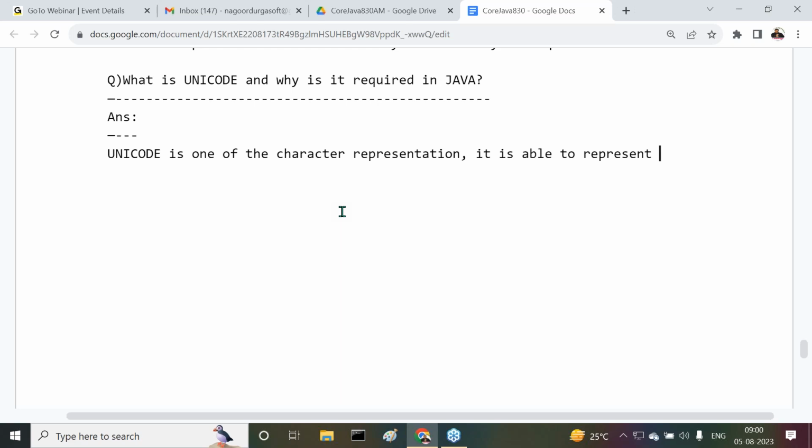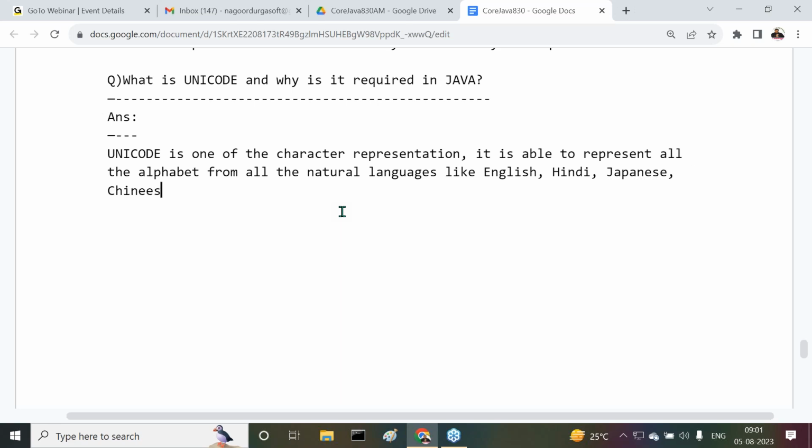It is able to represent all the alphabets from all the natural languages, like English, Hindi, Japanese, Chinese, and so on. Whatever natural languages are available throughout the world, every natural language's alphabet is possible to represent in Unicode.